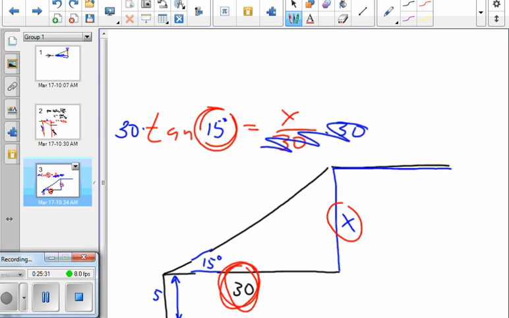Okay, so back to 30 times tangent of 15. And that comes out to 8. 30 times tangent of 15, did you get 8.03? Oh, I haven't added the 5 yet.